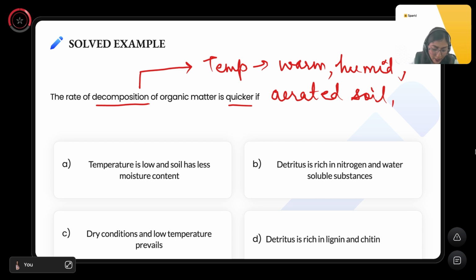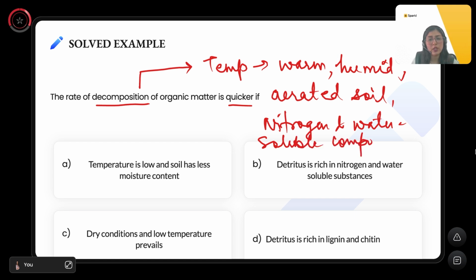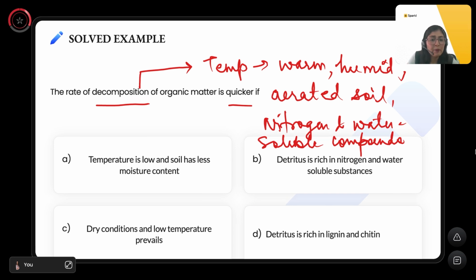Okay, and if you want to accelerate this process, हमारा जो detritus है, it has to be rich in nitrogen and water soluble compounds. Okay, so now let us see options में हमें कौन सा correct option मिलता है.